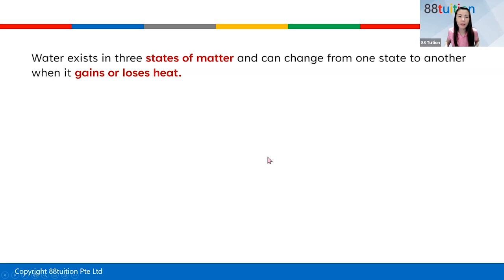For example, let's talk about liquid water. If it were to change state to, let's say, solid, what do you think happens? Does it gain heat or lose heat? When liquid water changes to a solid, it loses heat.